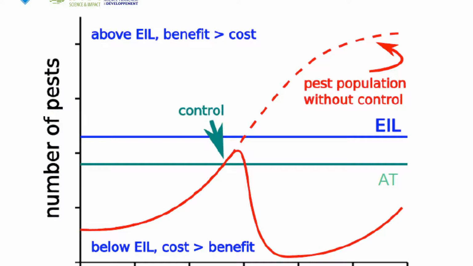So you have here another threshold, which is the treatment threshold, saying, okay, if I'm higher than this threshold, then it's better for me to apply a given control in order to reduce the size of the population and to limit economic losses.